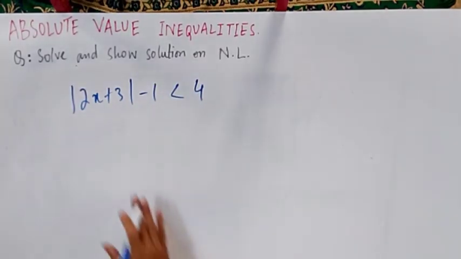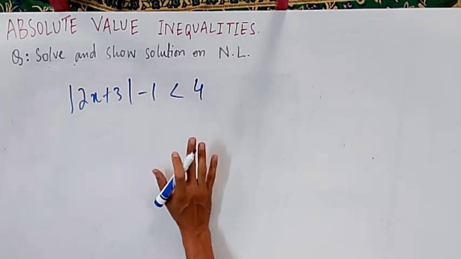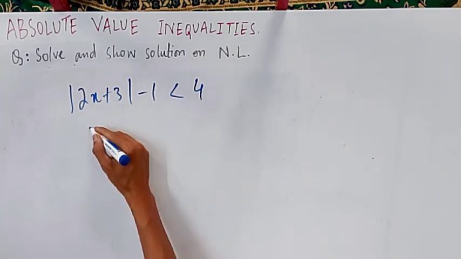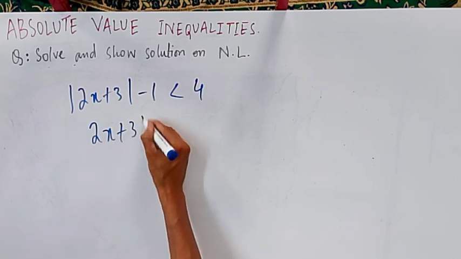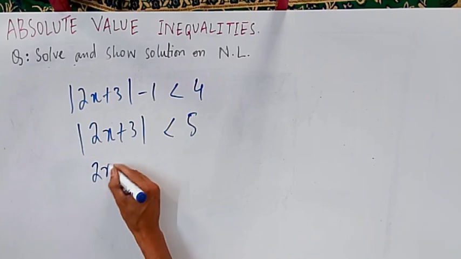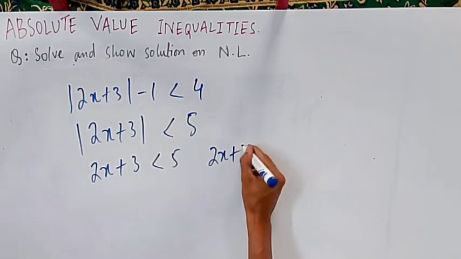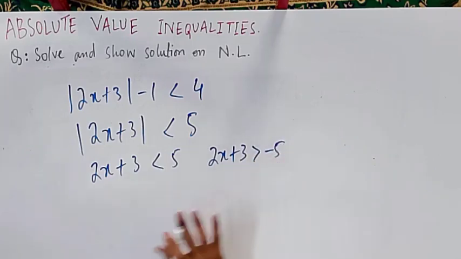If you start it as it is without moving this -1 over there, this will cause a mistake. So remember that first you need to isolate this, and then you will open this 5 with plus 5 and then -5. Now it is correct.